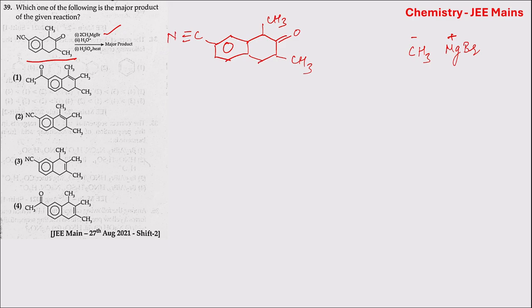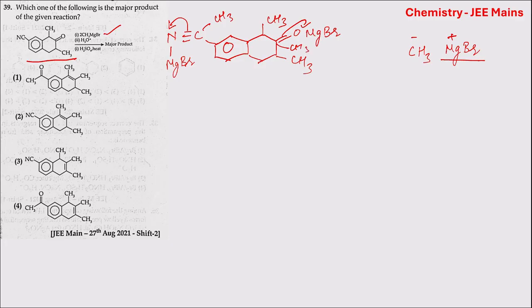Here carbon nitrogen triple bond, pi electron moves on nitrogen. CH3 will bond here from the Grignard reagent and MgBr will come here. This triple bond changes to double bond. Here pi electrons between carbon of the ring and oxygen move on oxygen. So MgBr bonds here and then CH3 bonds here.